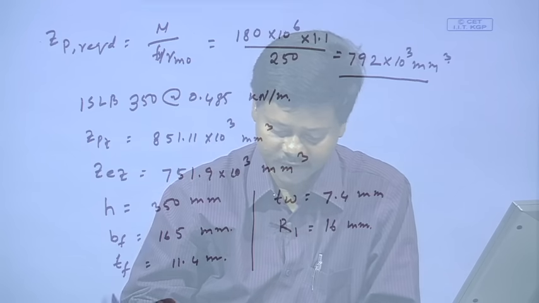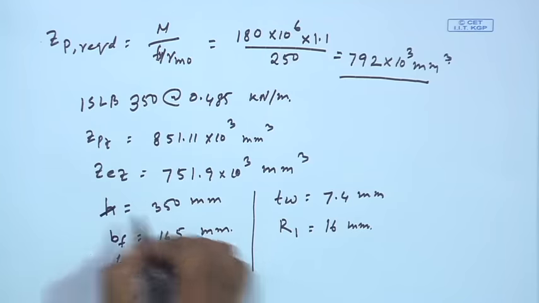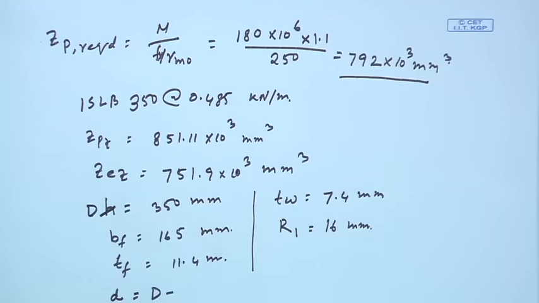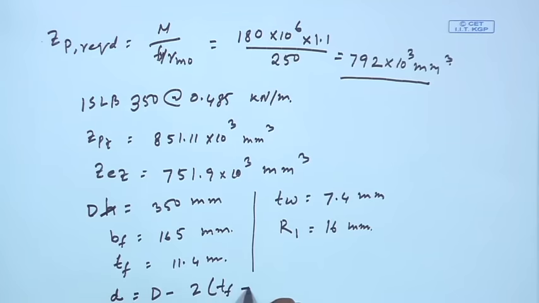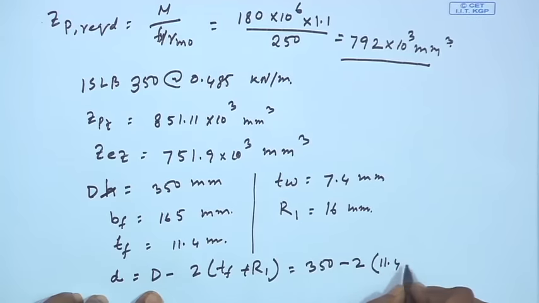Here we can find the effective depth. The effective depth will be d equals D minus 2 into Tf plus R1. So, 350 minus 2 into 11.4, the thickness of flange, plus the root radius of 16 mm.